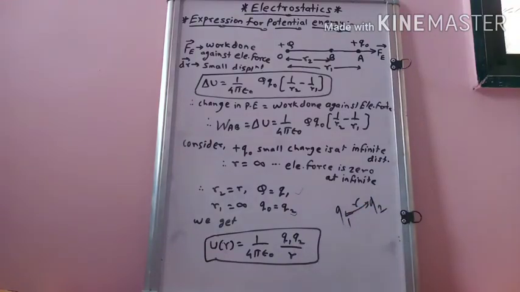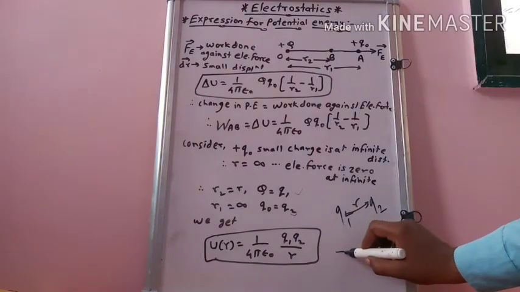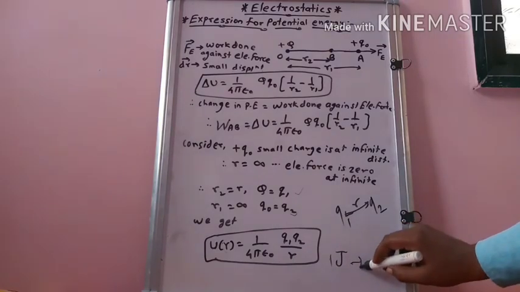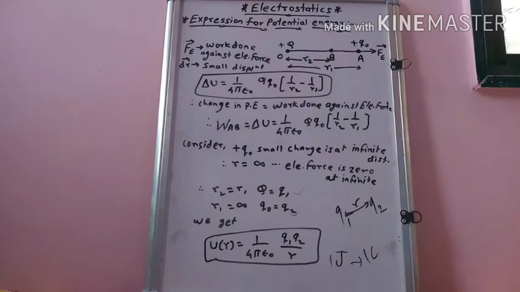The SI unit of potential energy is the joule, denoted by capital J. The definition is that 1 joule is the energy stored in moving a charge of 1 coulomb through a potential difference of 1 volt.